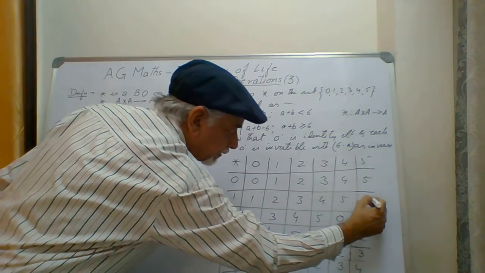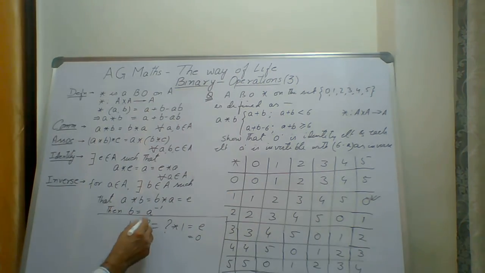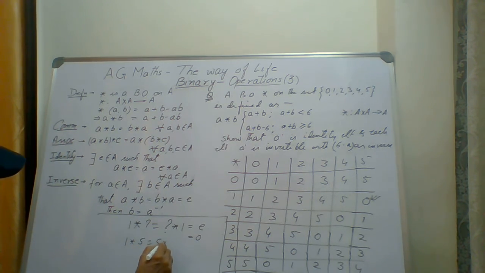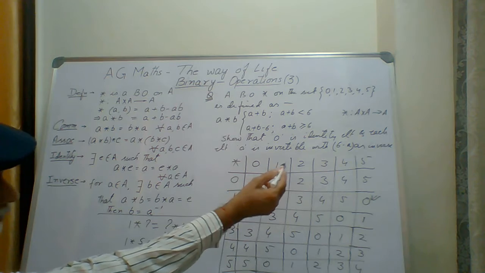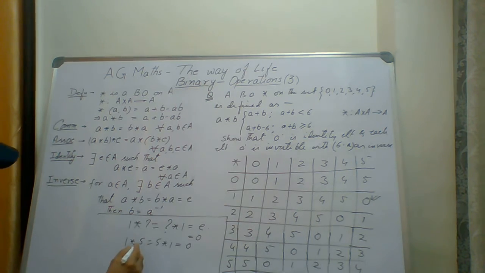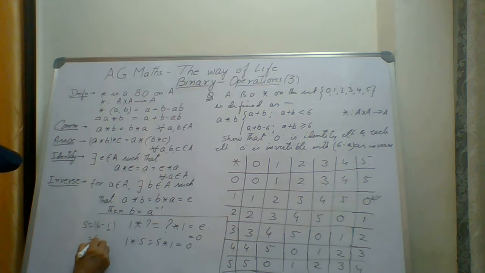So this is the place where I am getting the identity for 1. So 5 binary 1 should be equal to 0. And what is 5? 5 is related to 6: 6 minus 1. When I get 5, 5 is equal to 6 minus 1, and 1 is the A value. So 6 minus A is proved, which is equal to 5.